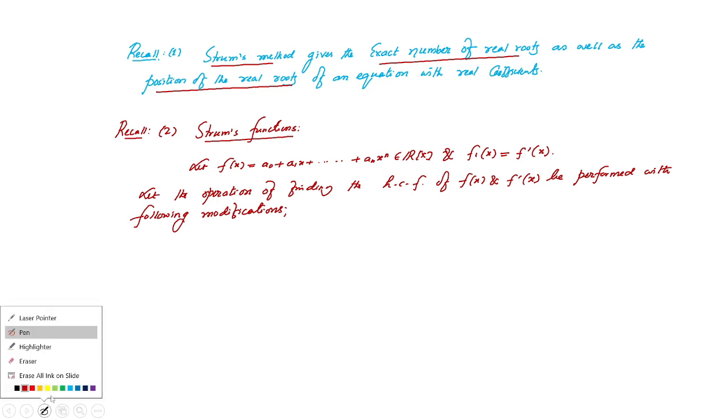So what is the modification? This is very, very important in the Sturm function.